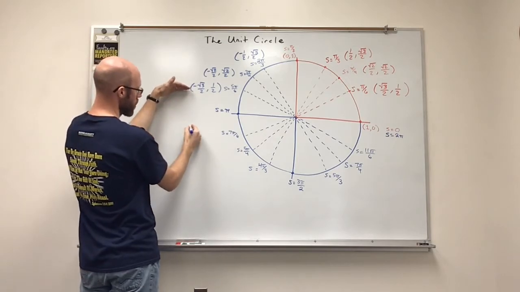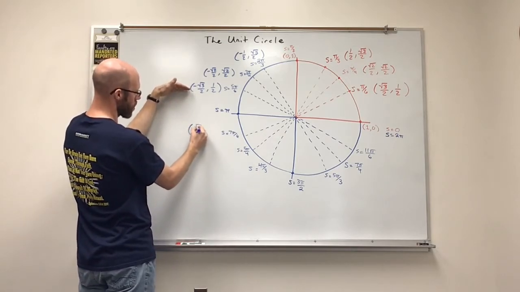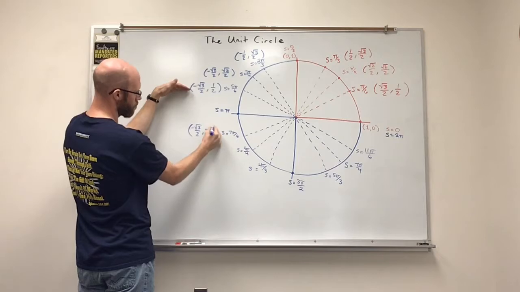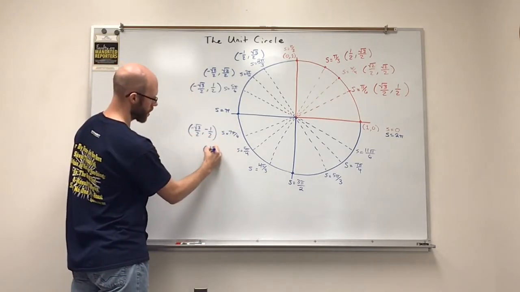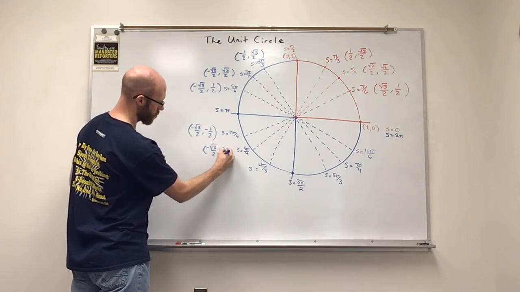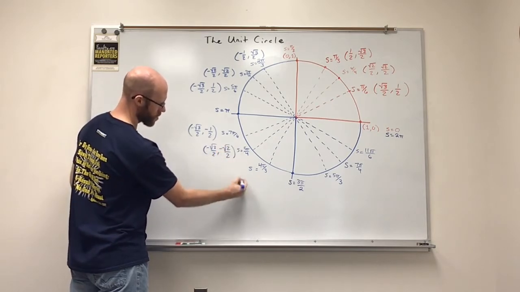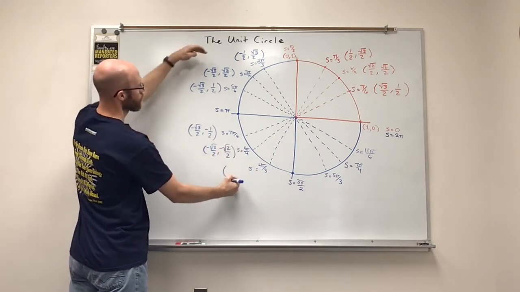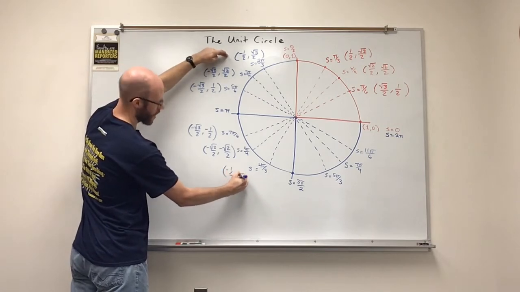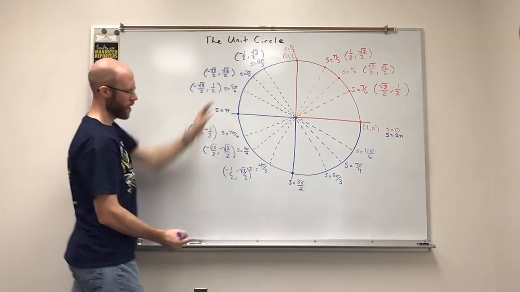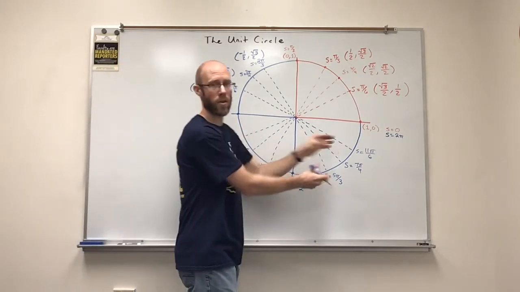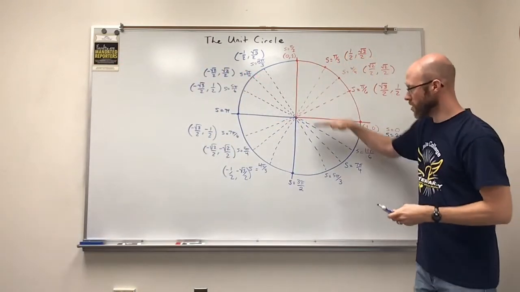And so you end up with -√3/2 comma -1/2, both are negative. Then down here you would have -√2/2 comma -√2/2, and I'm going to do this a little bit faster. We're going to end up with -1/2 comma -√3/2.